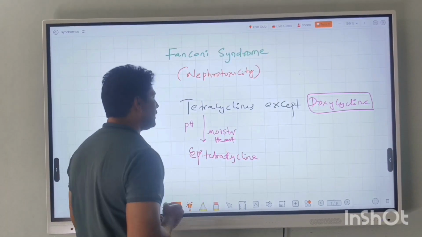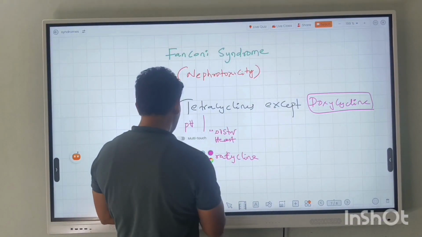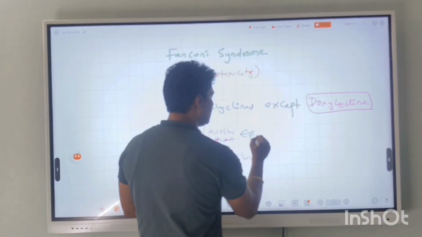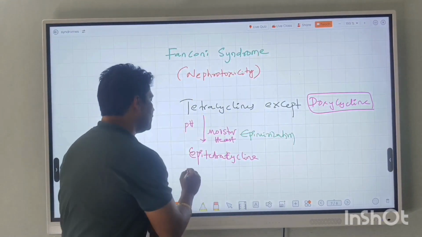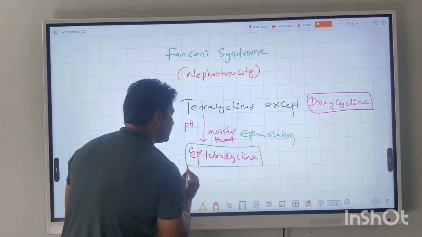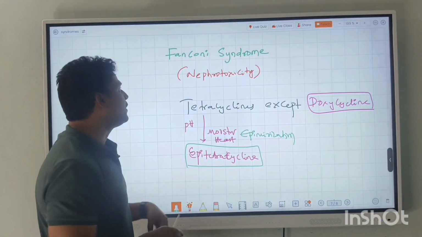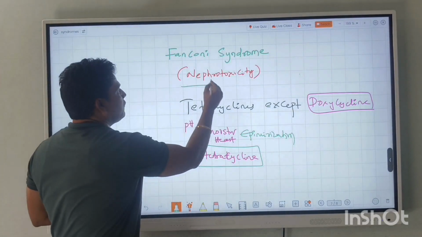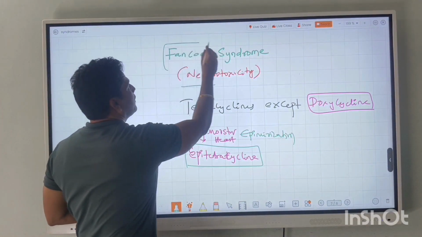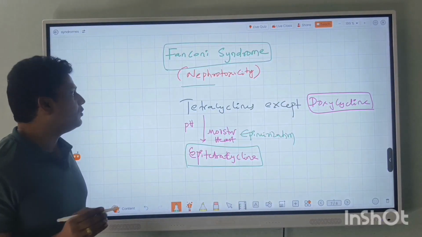After epimerization it produces epitetracyclines. These epitetracyclines accumulate in the nephrons and damage the nephrons. So this damage of nephrons is called Fanconi syndrome. So this is about Fanconi syndrome.